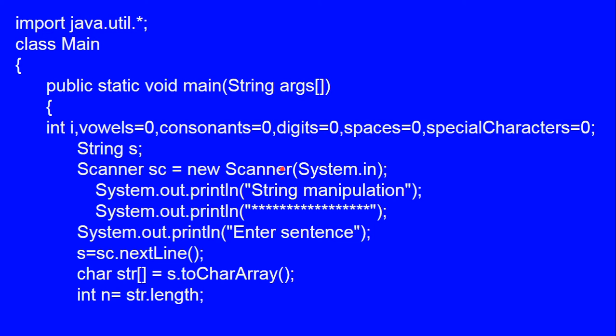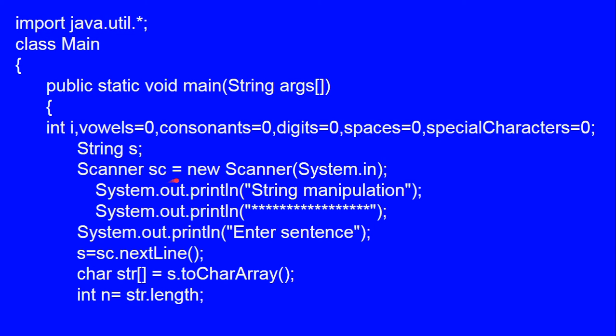The Scanner class, and that takes System.in. We have both System.in and System.out; System.in is for the input type and System.out is for the output type, as in System.out.println. So in is for the input process and out is for the output process. Now we have created an object called sc.